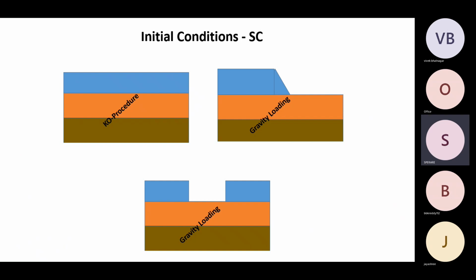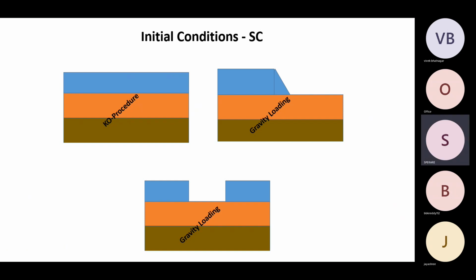So when to choose the K0 procedure and when to choose gravity loading: if the top layer of your soil has no abnormality on the surface and it is completely planar and smooth, then Jaky's formula will apply, so you consider that as the K0 procedure.